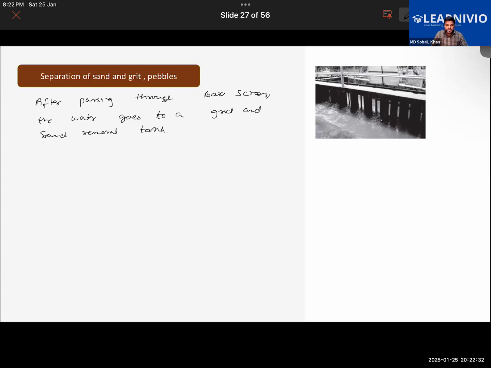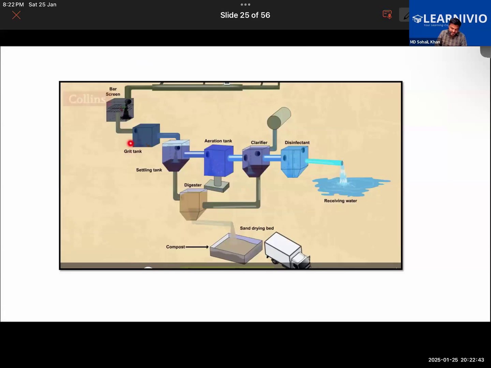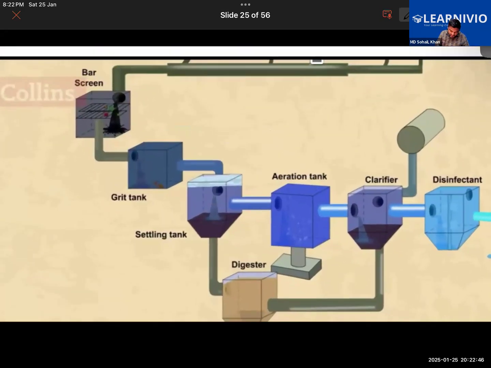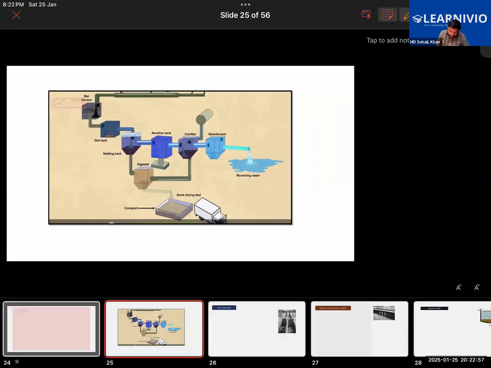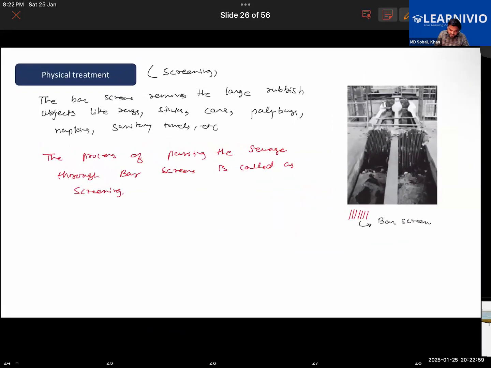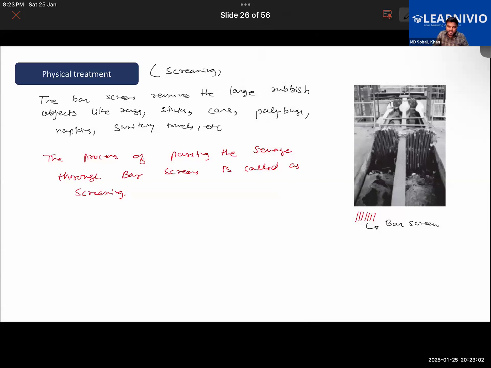In this one, the grit, sand and pebbles would settle down slowly at the bottom of the tank as the water passes through it. Take a look at this diagram: as the water slowly passes through, all those unwanted particles, sand, grit and pebbles, would accumulate at the bottom. Sand would be there, but pebbles would be very few.